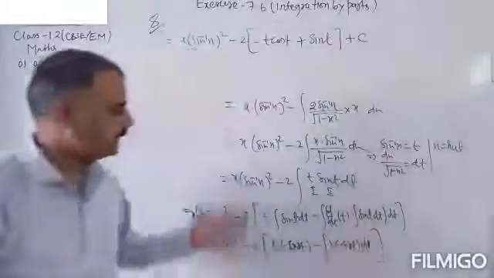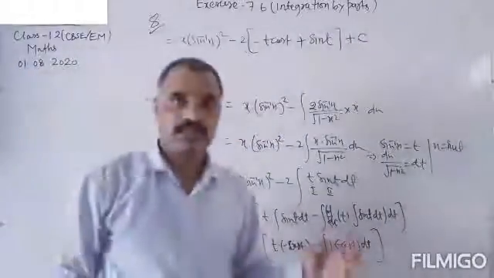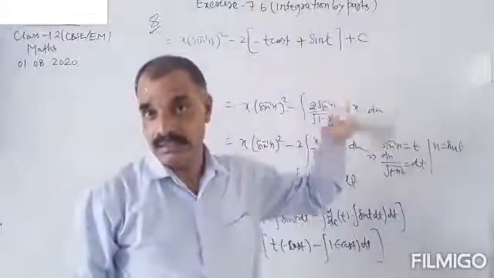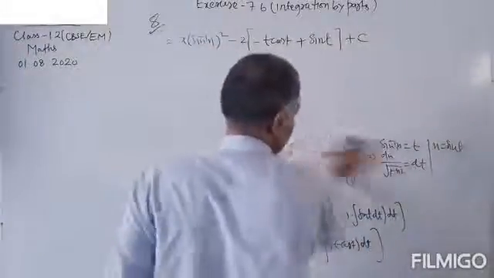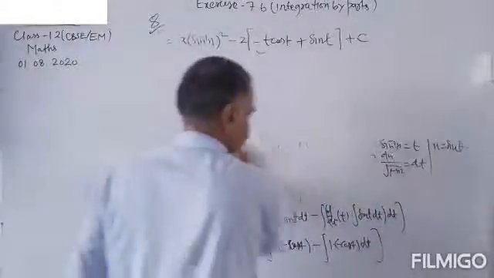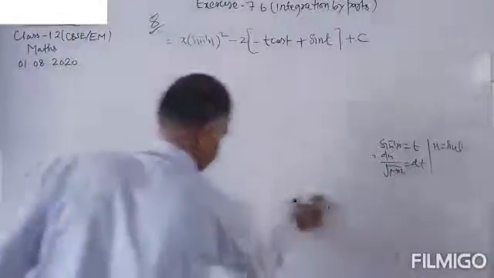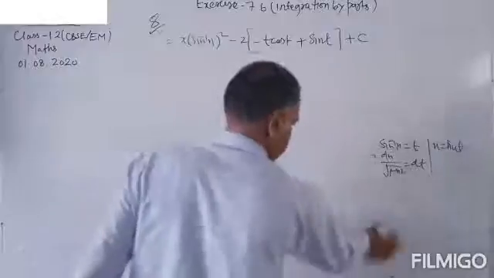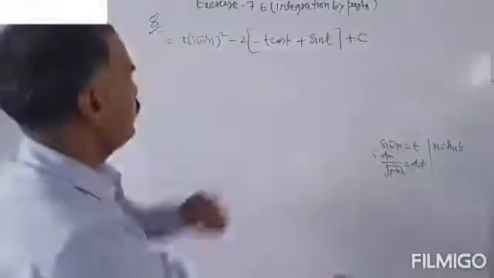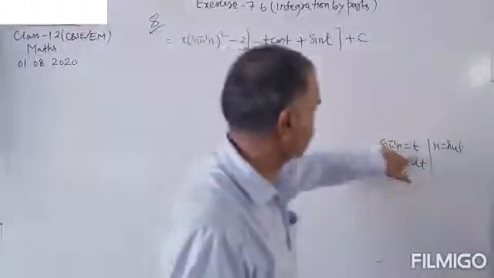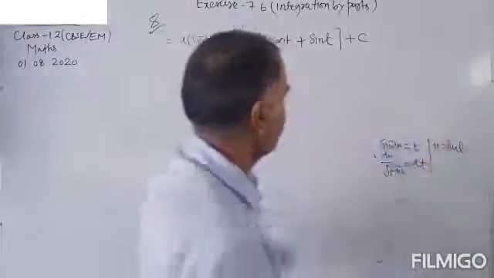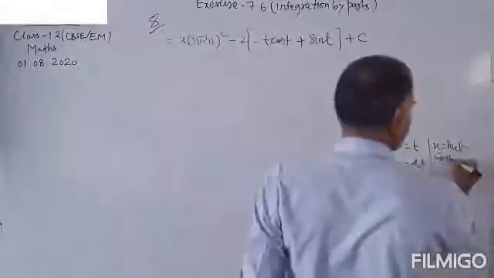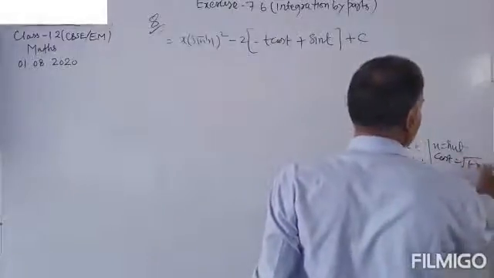So this is the final integration, but we have to change the variable t into x also. Now the value of t is sin inverse x, the value of sin t is x, and the value of cos t is equal to under root 1 minus x square.